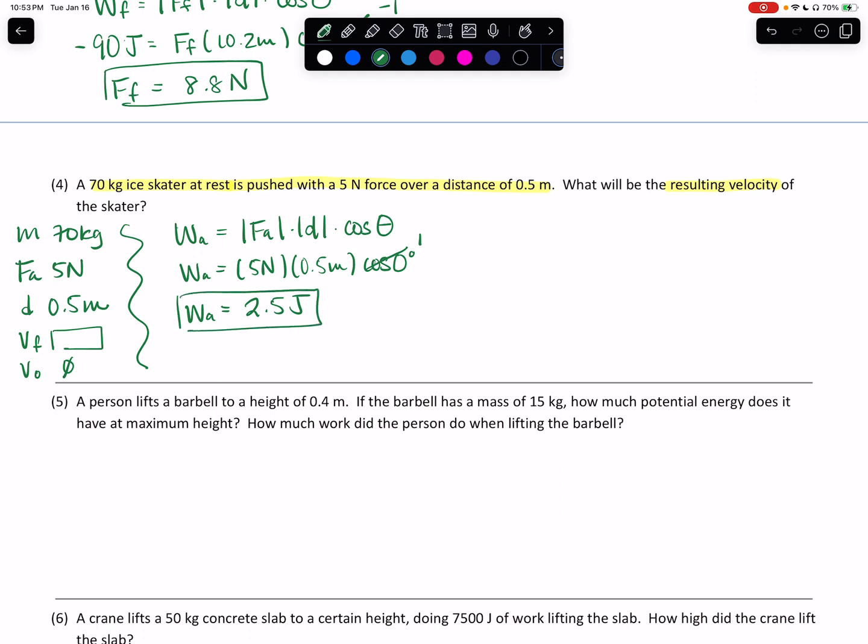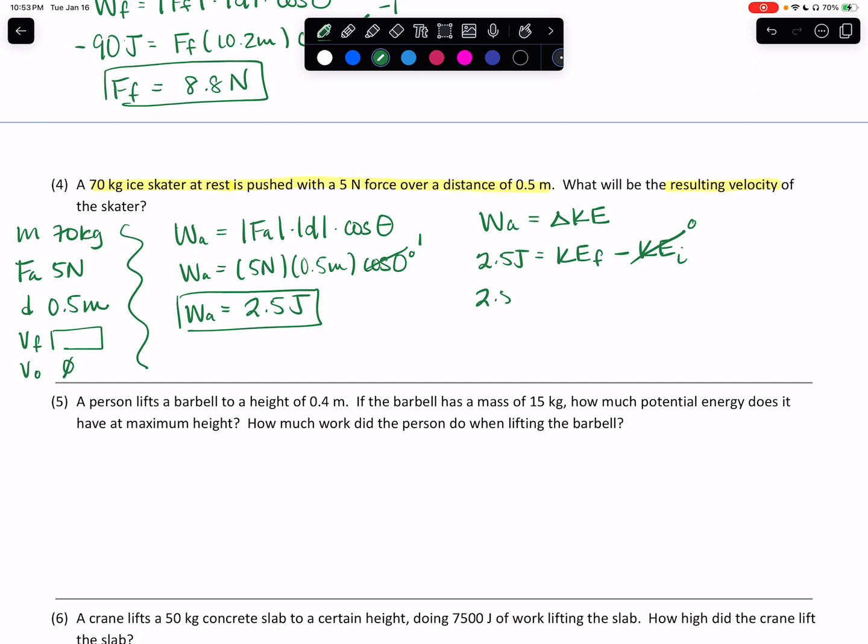Now that work was used by the system to change the velocity of my skater. So the work equaled a change in the kinetic energy of my skater. So that 2.5 joules is equal to the kinetic energy final minus the kinetic energy initial. Well, initially she wasn't moving, so that goes away.